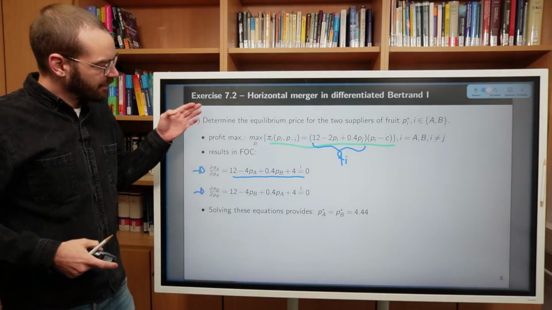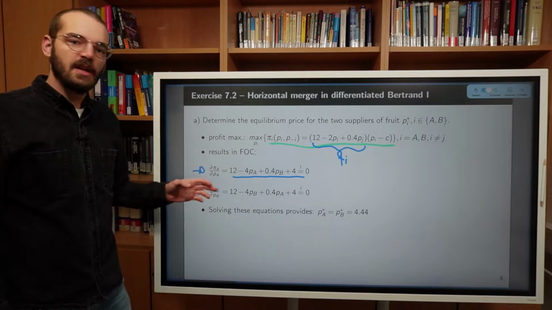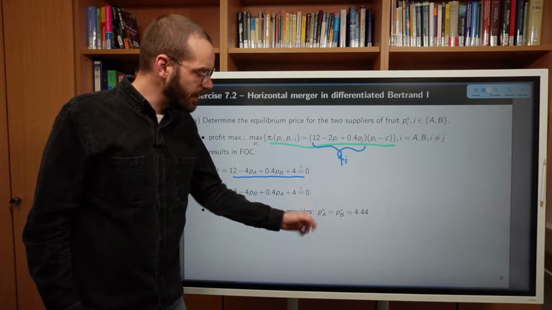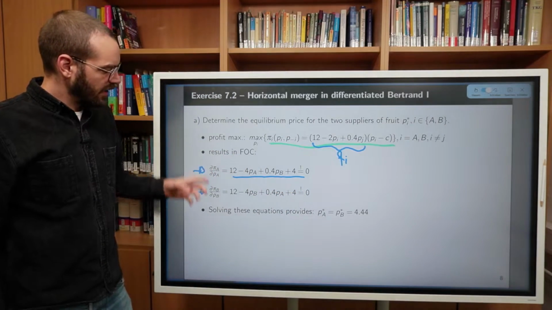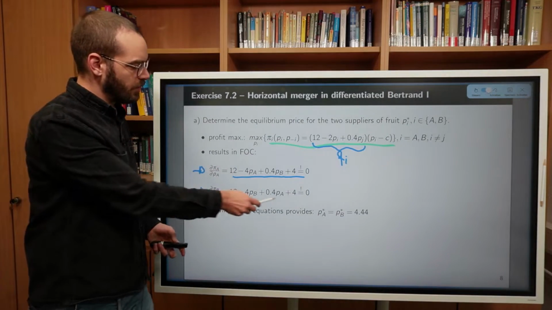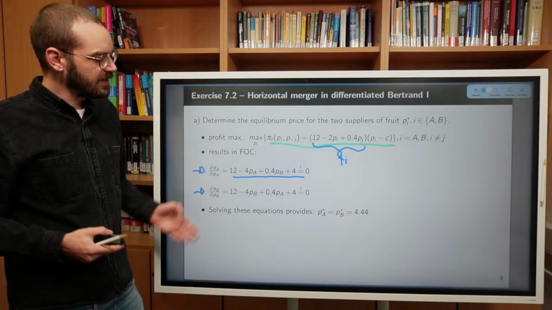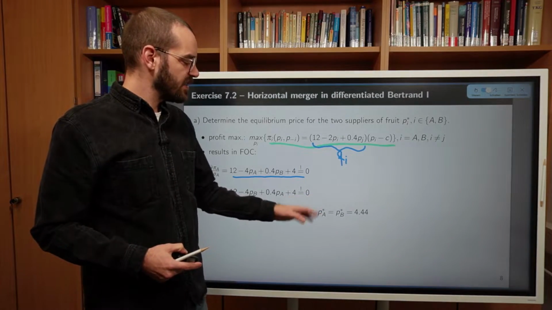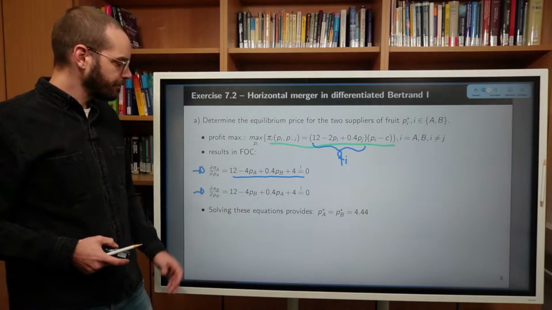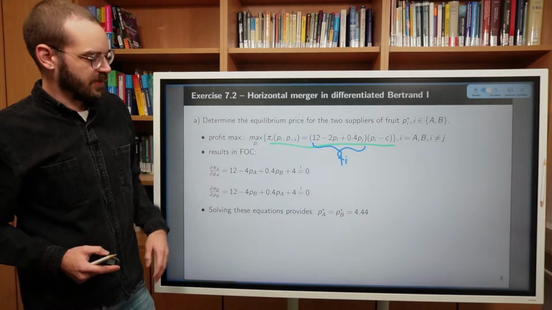And then finally, similar to what we know from solving Cournot competition models, we can find the market equilibrium prices for both firms by solving this equation system, where we have two equations and two unknowns, so we can simply solve this linear equation system and find that the equilibrium price in this scenario is PA star, equal to PB star, equal to 4.44. So that is the equilibrium price for the two suppliers of fruits.